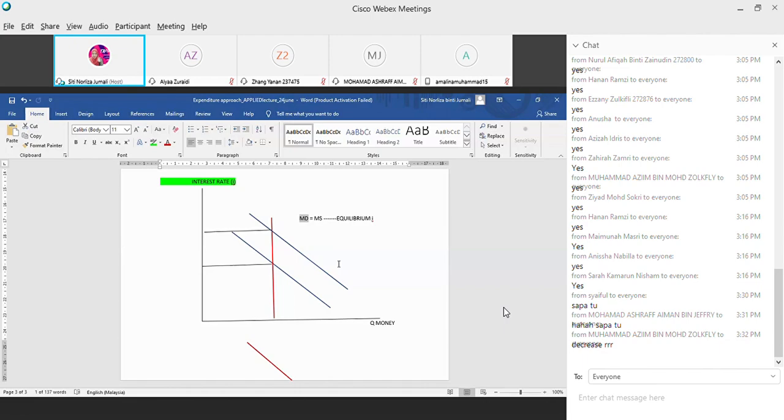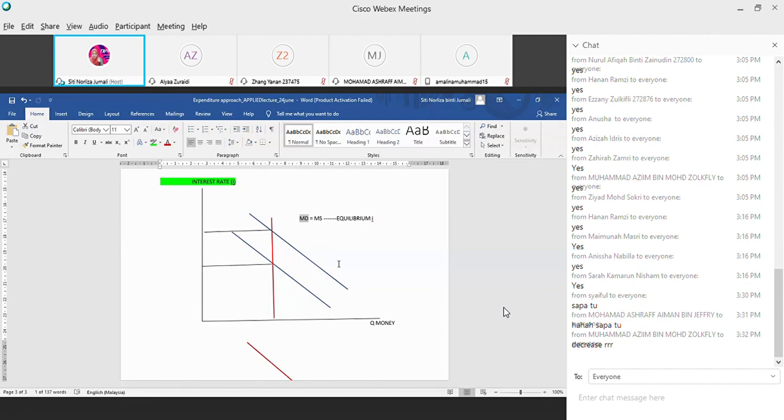When the interest rate is high, we want to demand more money for speculative because we want to get a return, for example ASB. In Malaysia we have Amanah Saham. So you should know that transaction and precautionary are holding cash money, whereas speculative is not cash money.